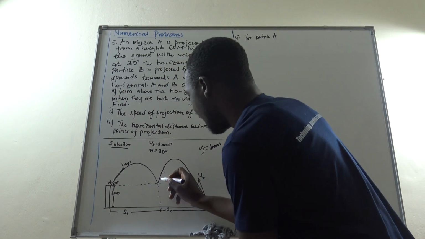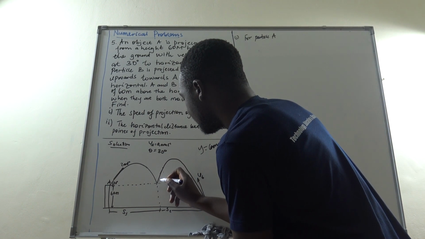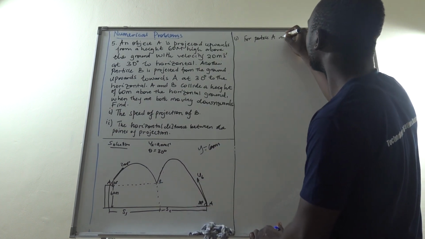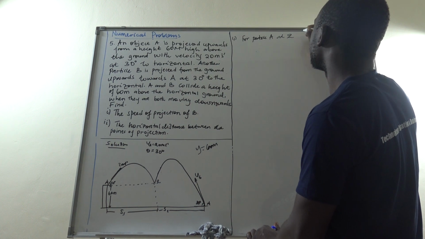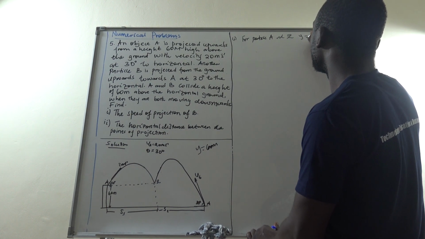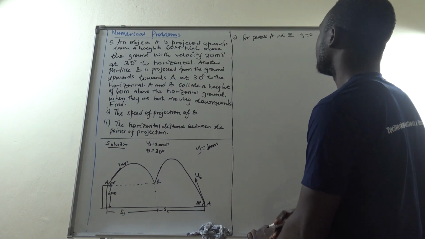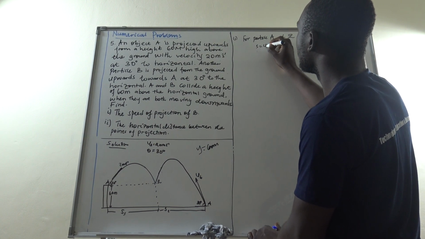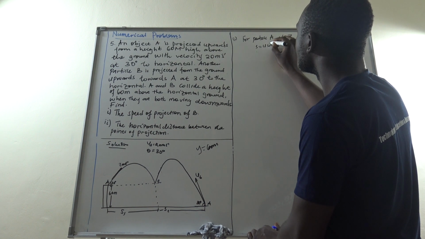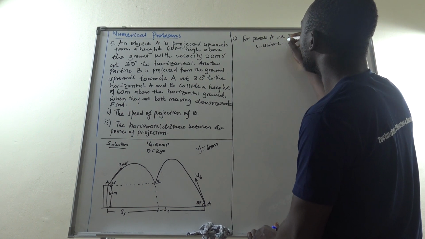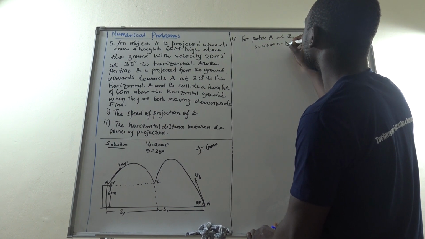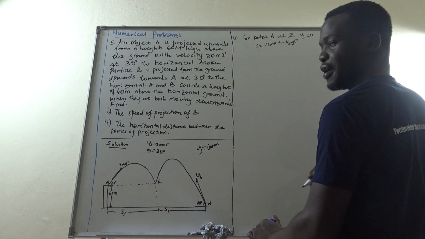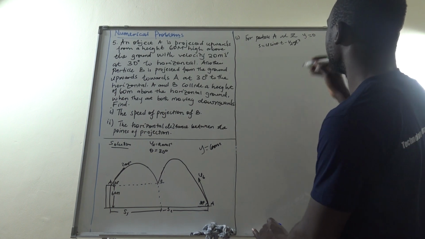let's say they collide at point Z. For particle A, at Z, the vertical displacement is 0. And if we use our expression S = u sin θ t − ½gt², we can easily find the value of time here.